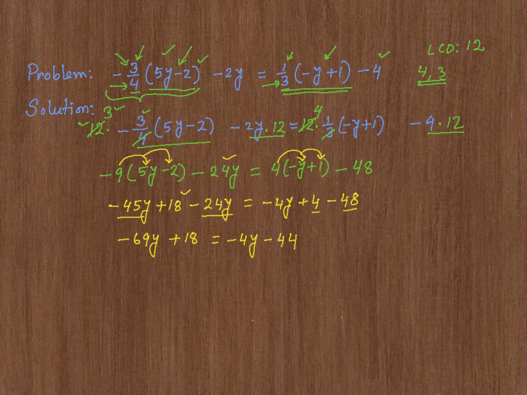Now I'm going to bring the y terms to the left and the constants to the right. In order to do so, I need to add 4y to both sides and then subtract 18 from both sides. If we do so, we get the following.